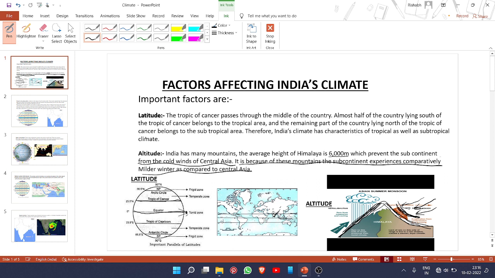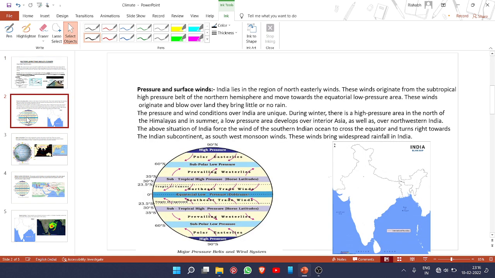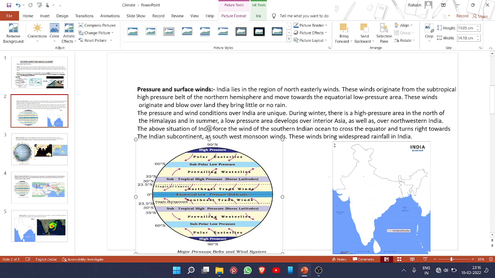Let us see the next point. The next point is pressure and surface wind. Regarding pressure and surface wind, it's very clear that India lies in the region of northeasterly wind. Now see, this is India, and it is known to us that the Tropic of Cancer passes through the middle of the country. This is the Tropic of Cancer.